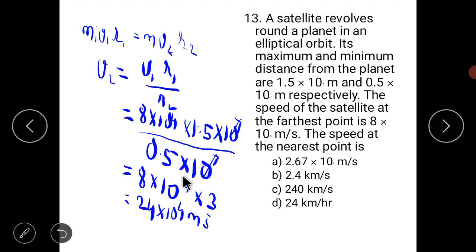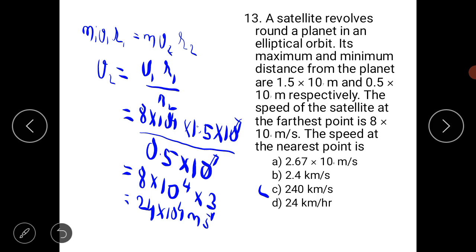We can treat this as 240 into 10 raised to 3, and 10 raised to 3 means kilometer. So the final answer is 240 kilometer per second. So the option is C. C is the correct option. Cleared?